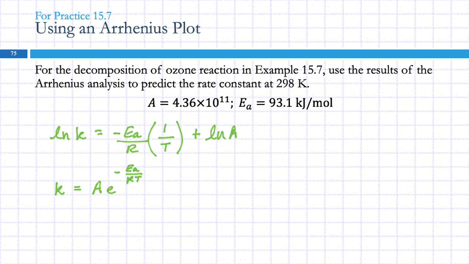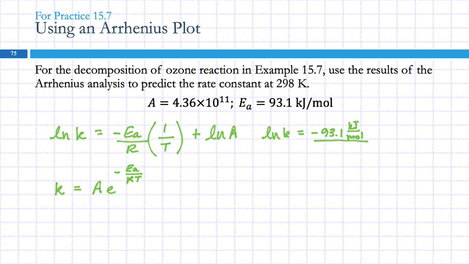So we're going to plug these numbers that we got in there. Natural log of k, that's what we're looking for, is equal to negative activation energy, 93.1. Should always use vertical fractions so that you recognize what's in the numerator and denominator.